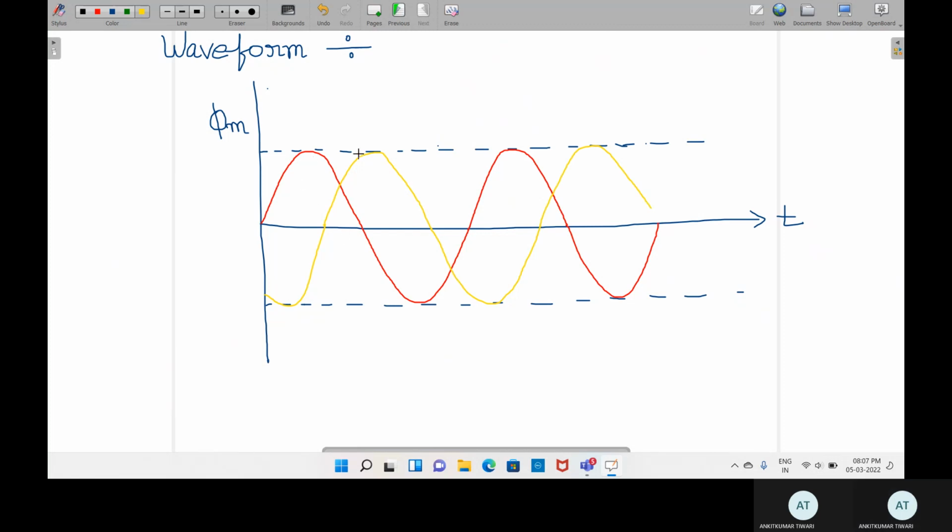This is yellow. R, Y, and B. Actually, it's black. Let me draw it as a black.